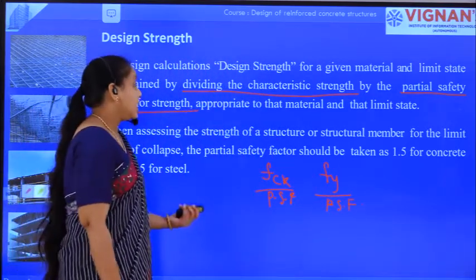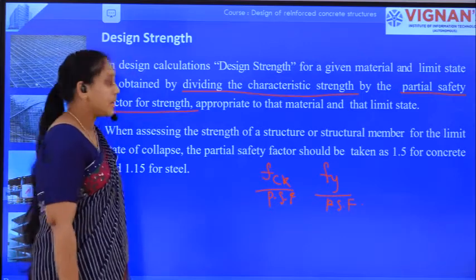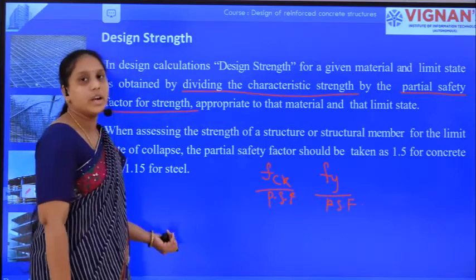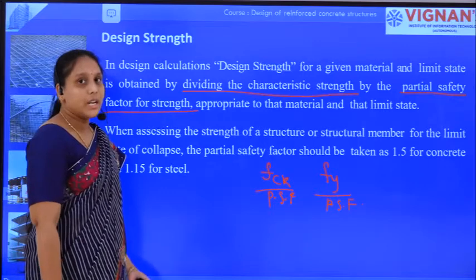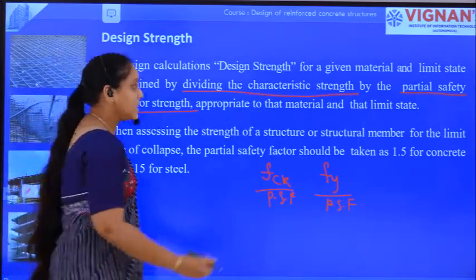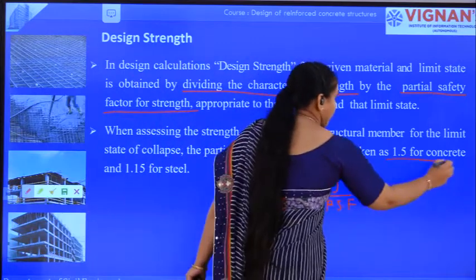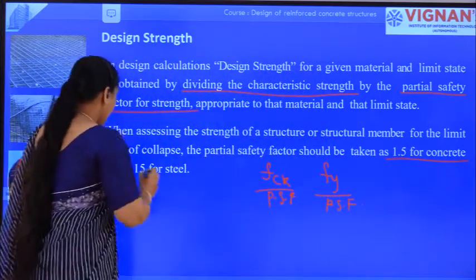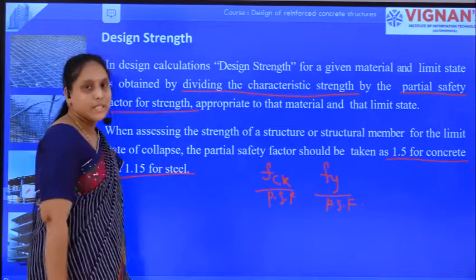The partial safety factors for concrete and steel for the limit state of collapse are given as 1.5 for concrete and 1.15 for steel.